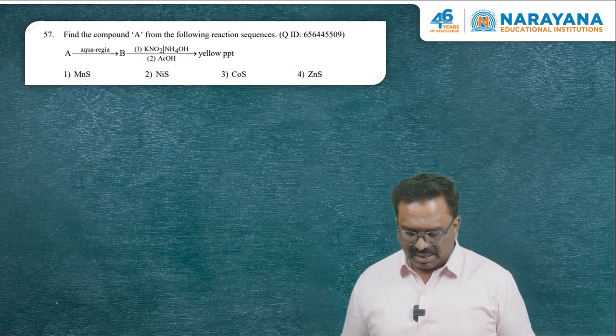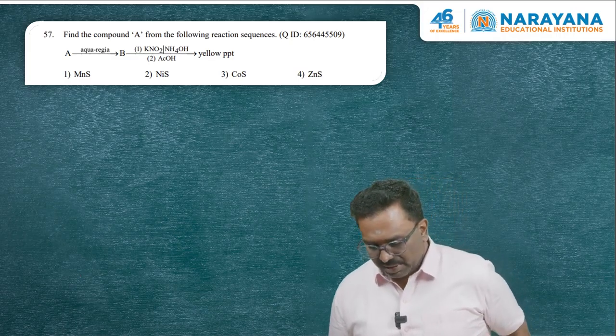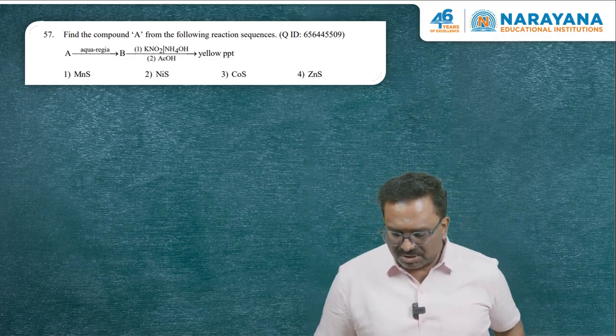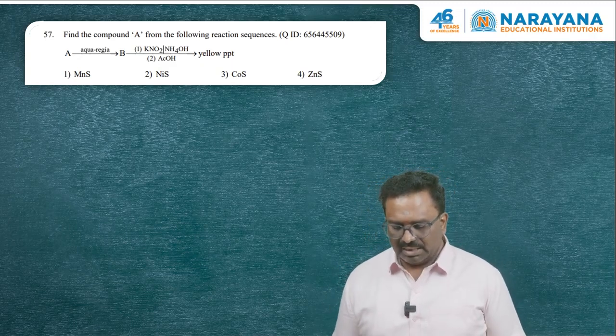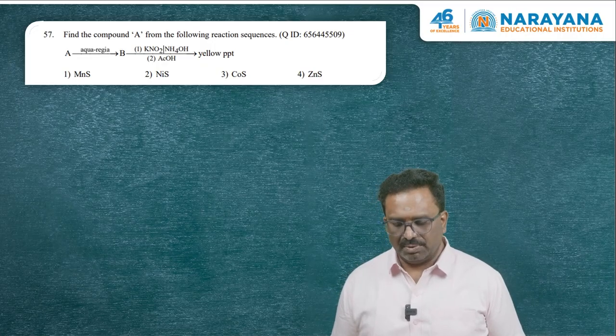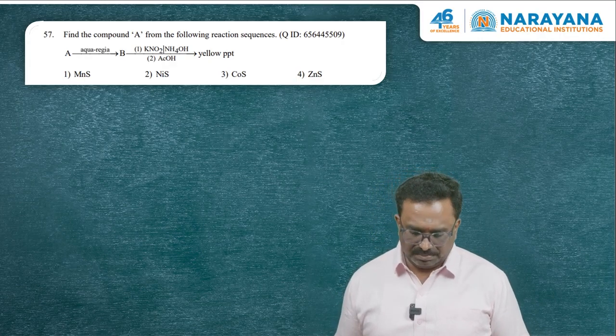Let me see another condition that is given. Compound A from the following reaction sequence. A is aqua regia, and its reaction with KNO2 in ammonia solution, further by acidification, gives a yellow precipitate.